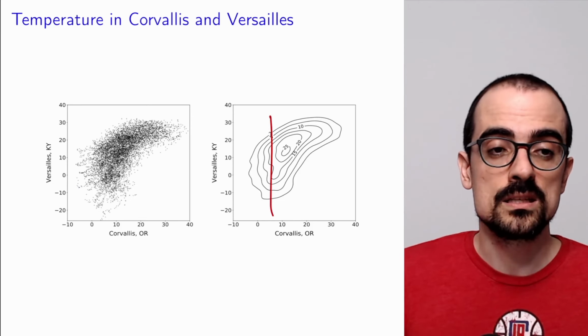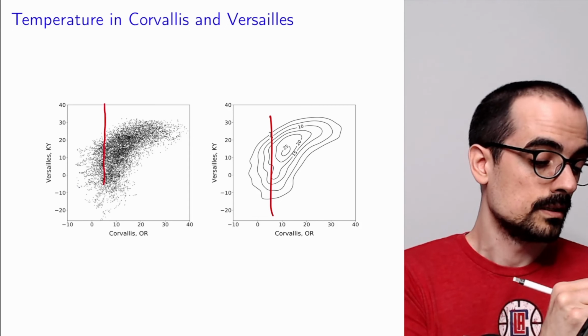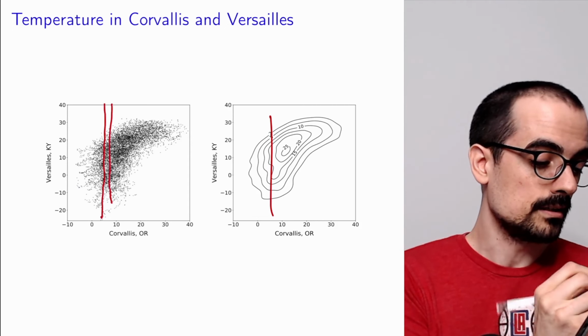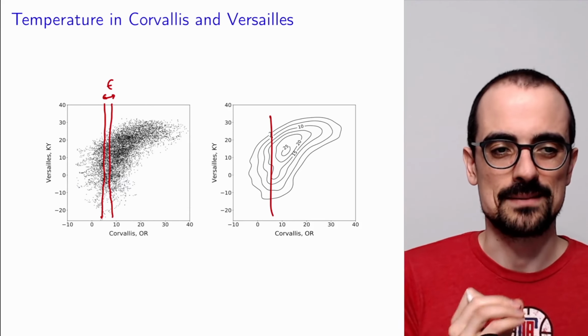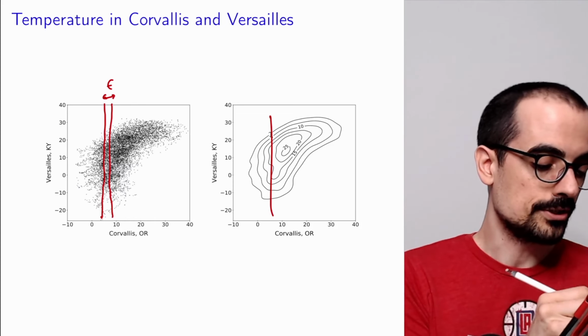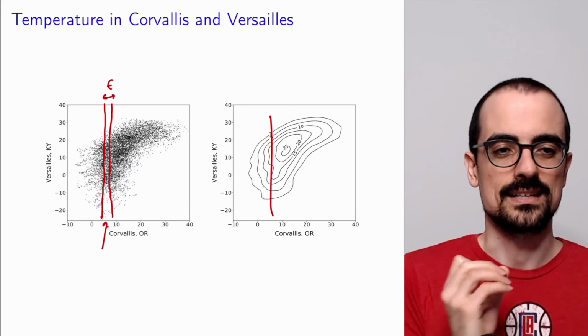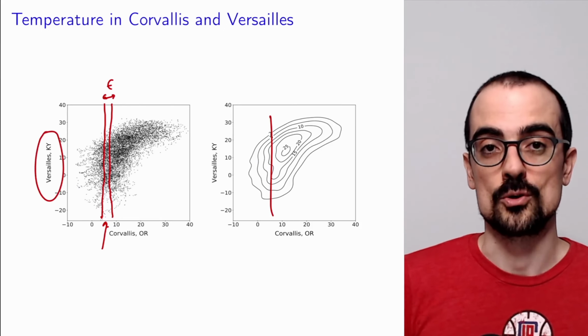Nothing wrong with that. An alternative is to take a small rectangle here of width epsilon. The width that I'm going to use in what I'm going to show you is just 1 degree. And then you average the points that fall inside. Of course, you average the temperature in Versailles for those points.